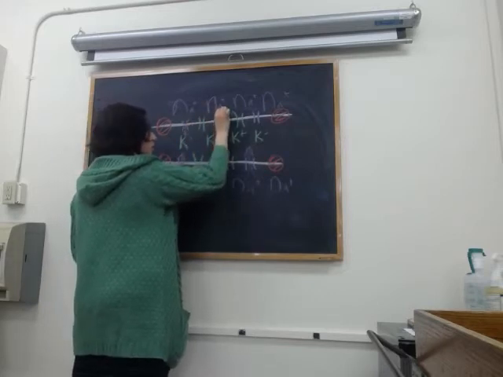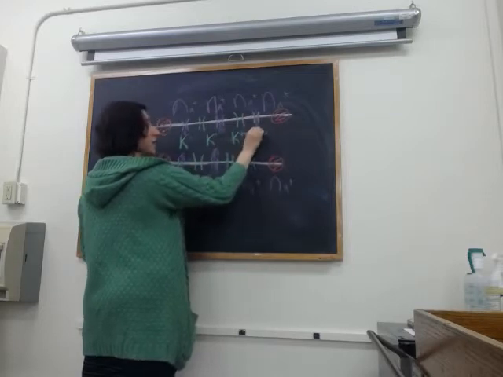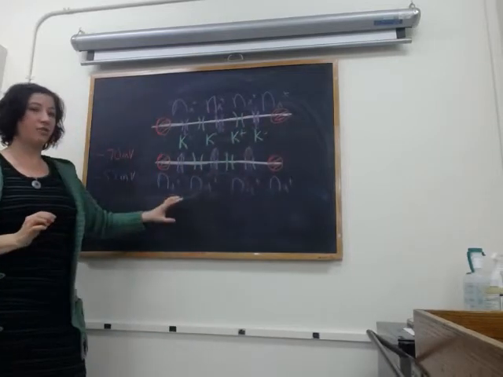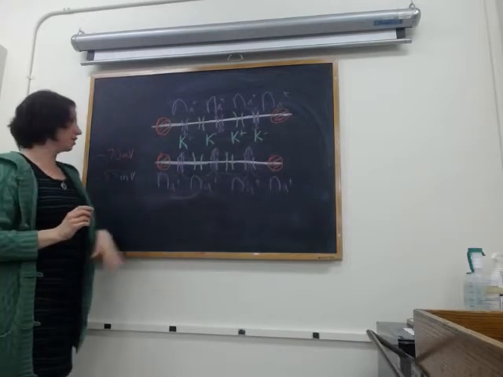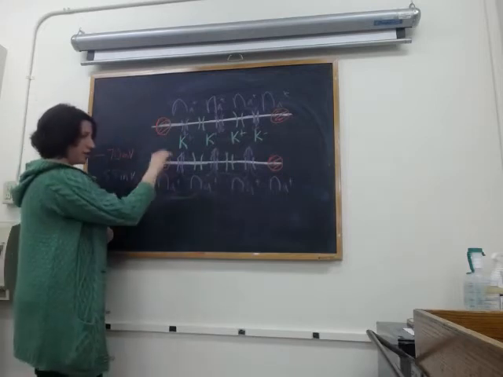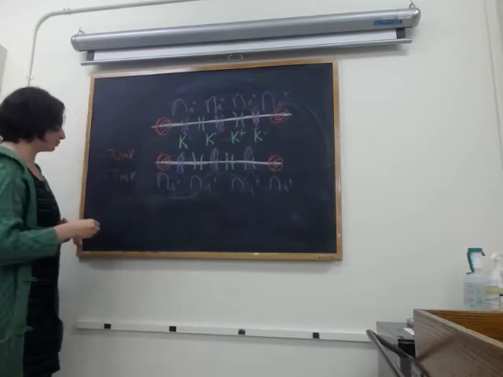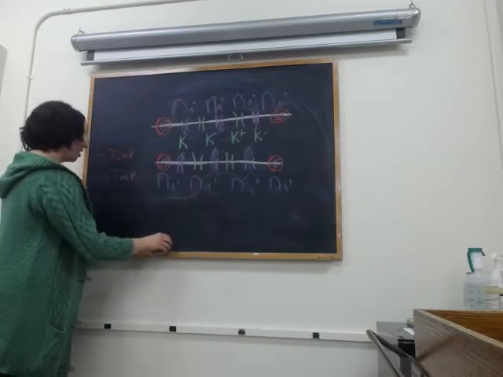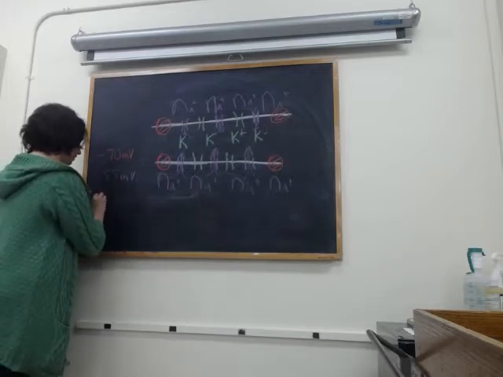So much so that we get more positive ions inside the cell than we have outside. So now we become positive in relationship to the outside. We get to this peak potential, which is around positive 30, 35 millivolts.